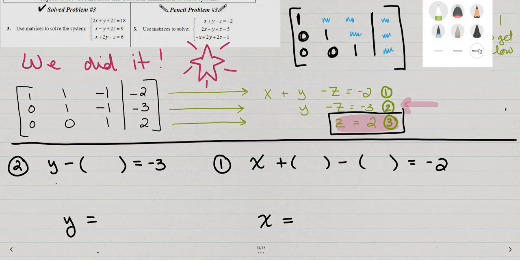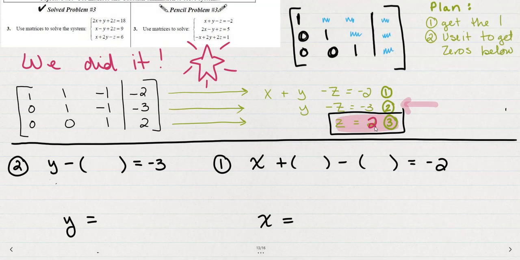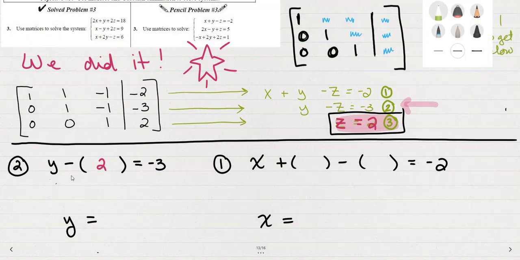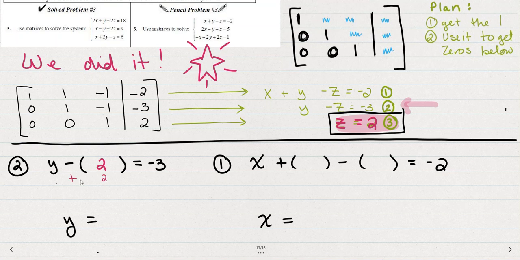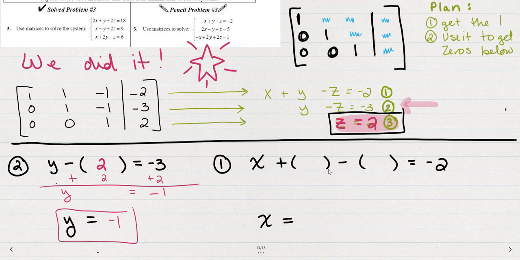And in place of z, I can fill in a 2. So I have y minus 2 is -3. By adding 2 to both sides, I could find that y equals -1. So now I know that z is 2, y is -1.